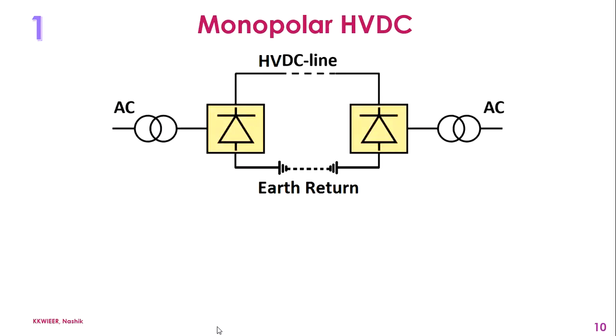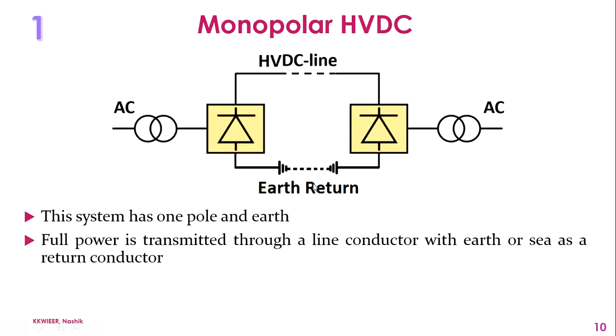This is a block diagram for a monopolar HVDC transmission line, where this system has one pole and one earth. The full power is transmitted through a line conductor with the earth or sea as a return conductor.